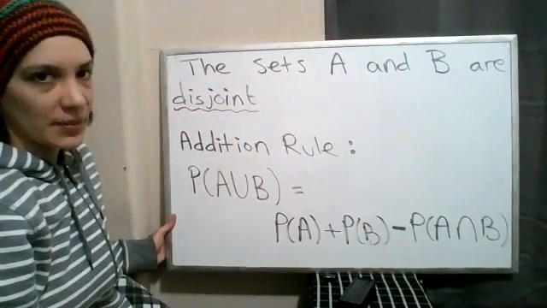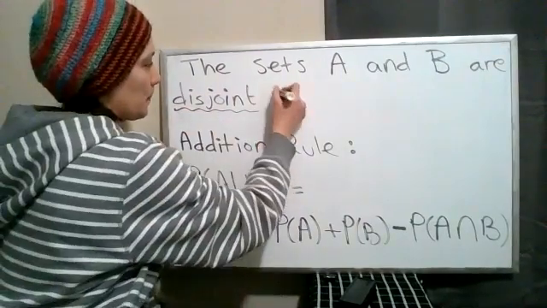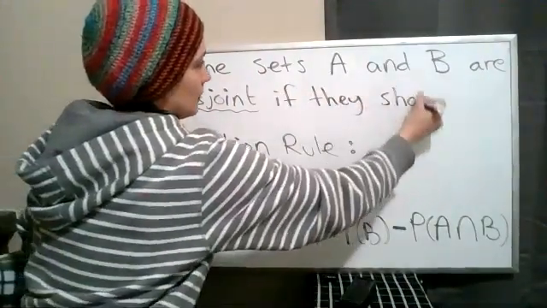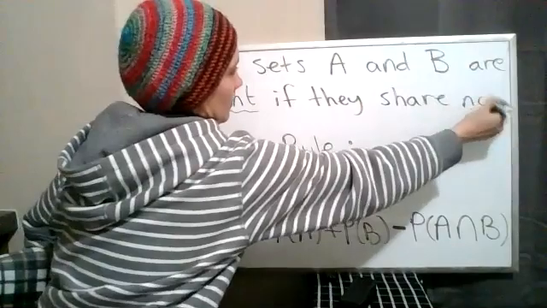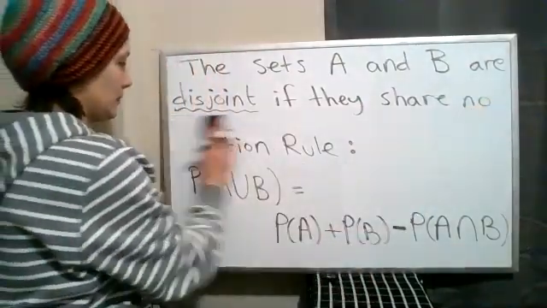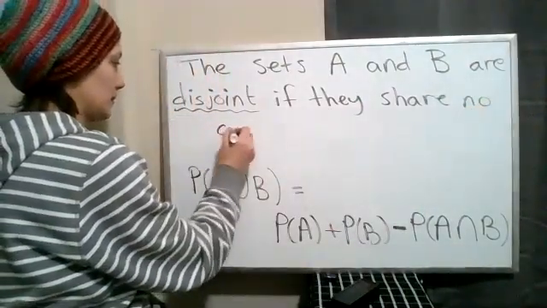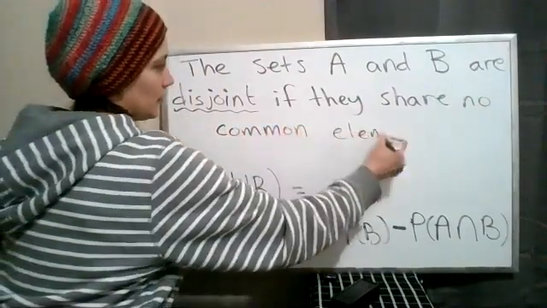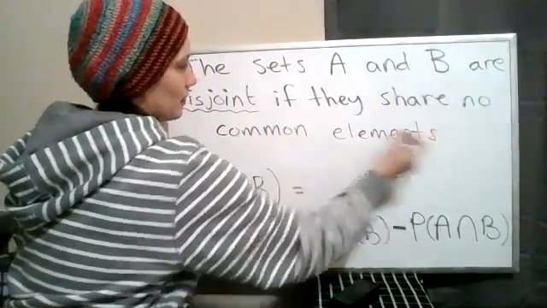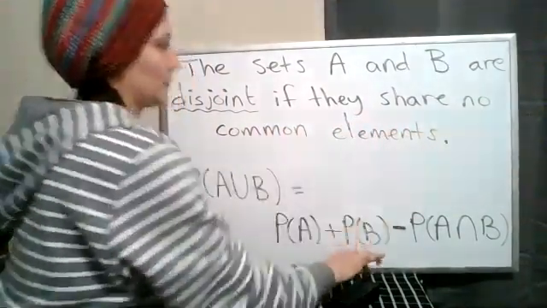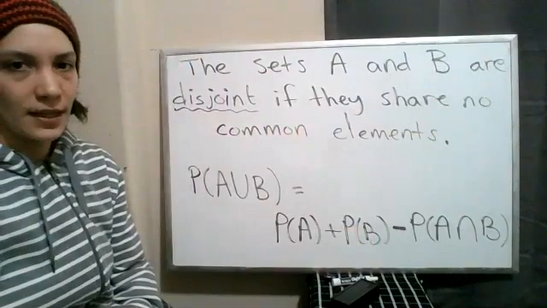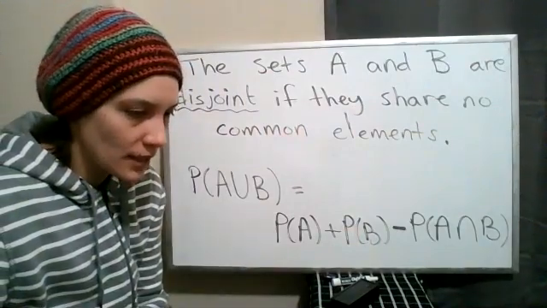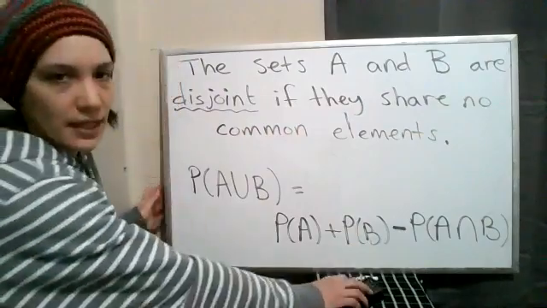So their intersection is empty. After that, we did the conditional probability, but it's not going to be on the test.